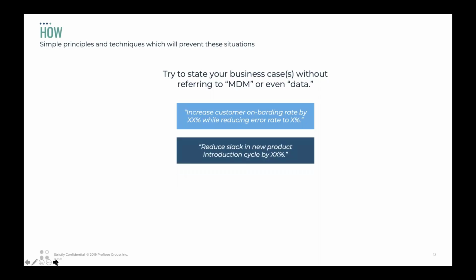Reduce slack in new product introduction cycle by X%. I would say in general, I used to get this question a lot, that these are the 2 most popular clustering areas for these things: acquiring or servicing customers and introducing or servicing products.